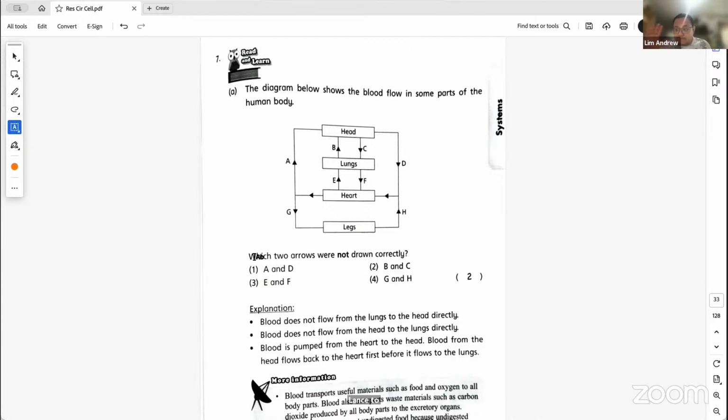Once you remember this concept, you are ready to tackle this question. So when the question says there are two arrows not drawn correctly, it means there are two things that are wrong. So always take a highlighter to draw.